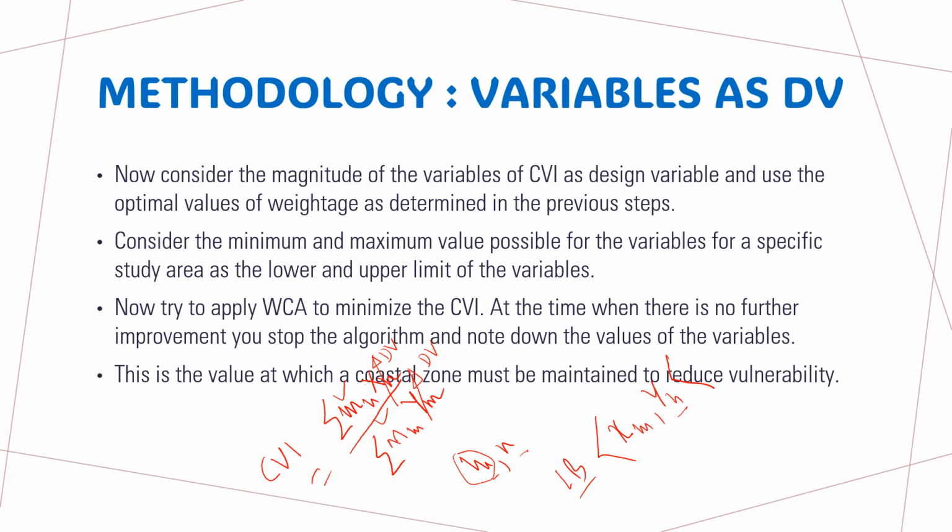And we will try to maintain these variables at these values only. Then we can expect that coastal vulnerability will be at its minimum. So this is step 2, variables as DB.